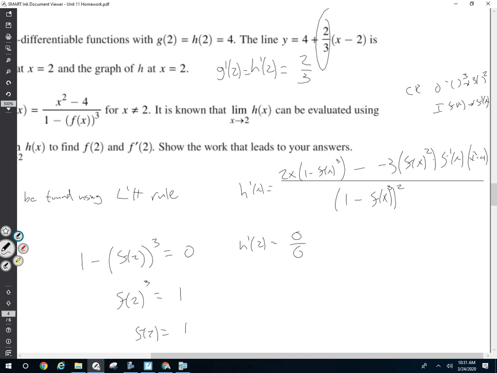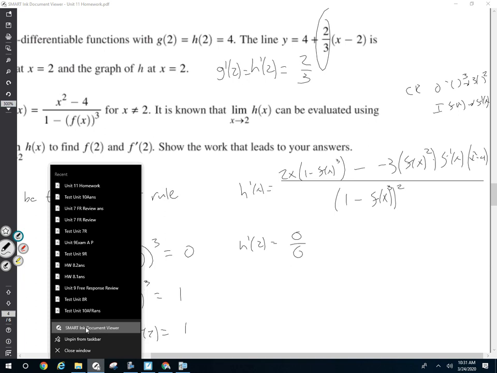I think that's what it means. I feel like I now should be taking the derivative of the bottom and the top separately. I don't think that's right, though. I did this. I'm sorry. I'm going to have to look back at how I did this.